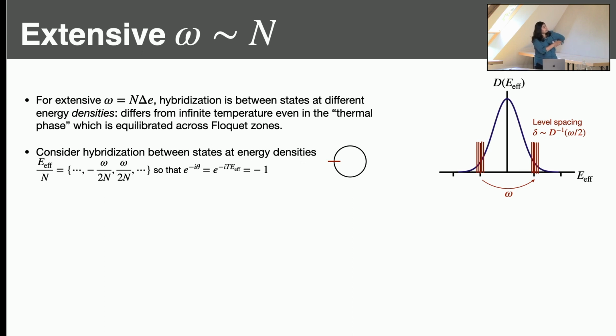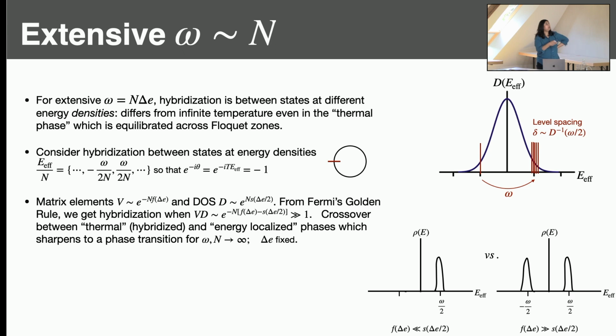And if you're looking at multiples of omega over 2, then what you find is that this quasi-energy that you're looking at is fixed at theta equals pi, okay? So that's a given quasi-energy on this quasi-energy circle, and those are the states that you want to connect in resonance.